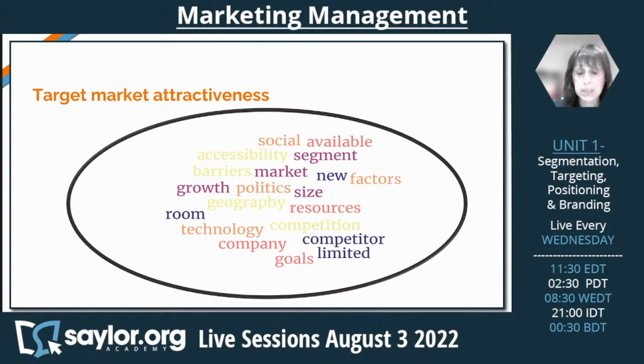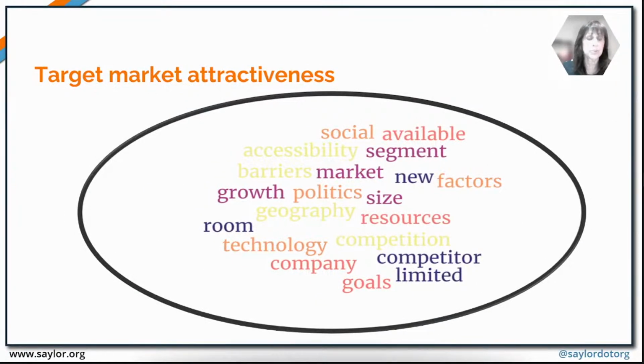When there's limited competition in a product category, firms can dominate a marketplace by charging higher prices, even offering perhaps inferior goods and blocking access to the market. Also, there might be barriers to accessibility that could include things like geography, politics, technology, and social factors.